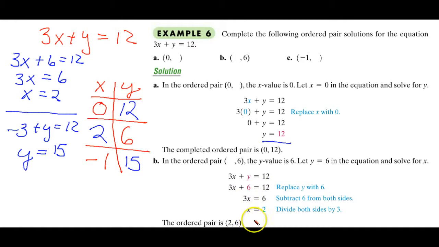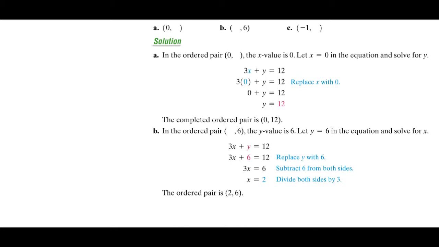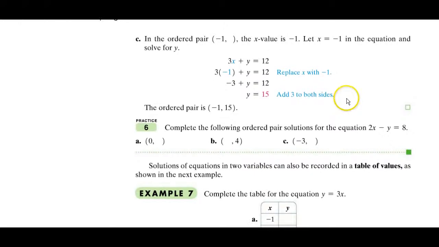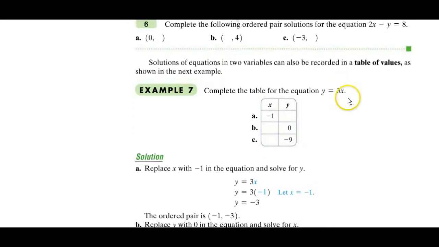For the second one, we got a 2, right there. And I'm assuming the next one, as we see it, will be a 15 on the next page. There we go. Okay. Now they're introducing us to the T-chart.